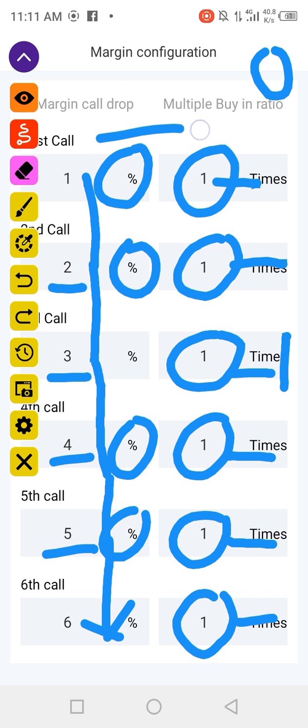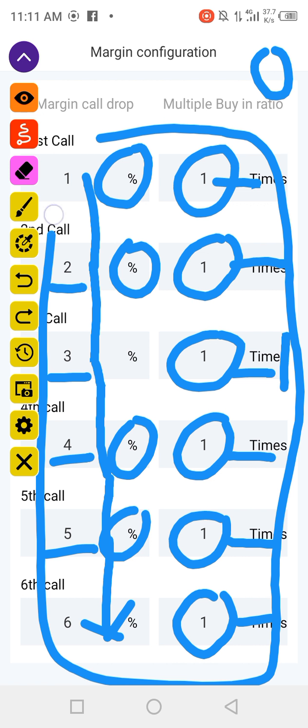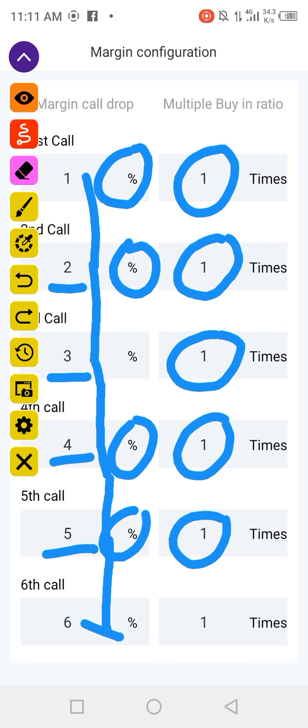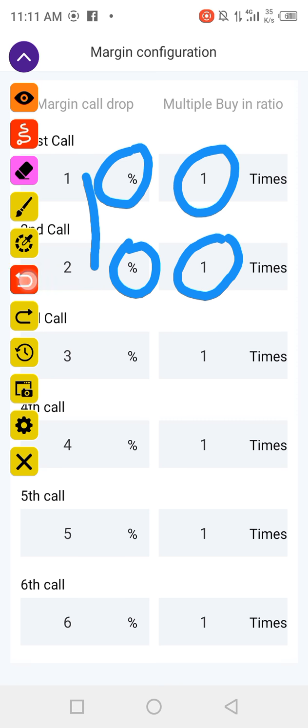So in total, this coin is permitted to use 70 USDT in trade. But let's bear in mind that this is just an assumption, because coins do not drop like this instantly. And remember, it goes up and down.